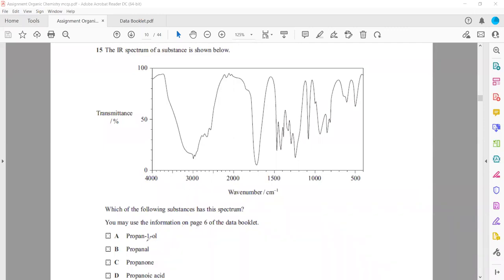Propanol means the OH of an alcohol, that peak we will find. Aldehyde means C double bonded with O will be there, or CH. Propanone means C double bonded with O, we'll check.